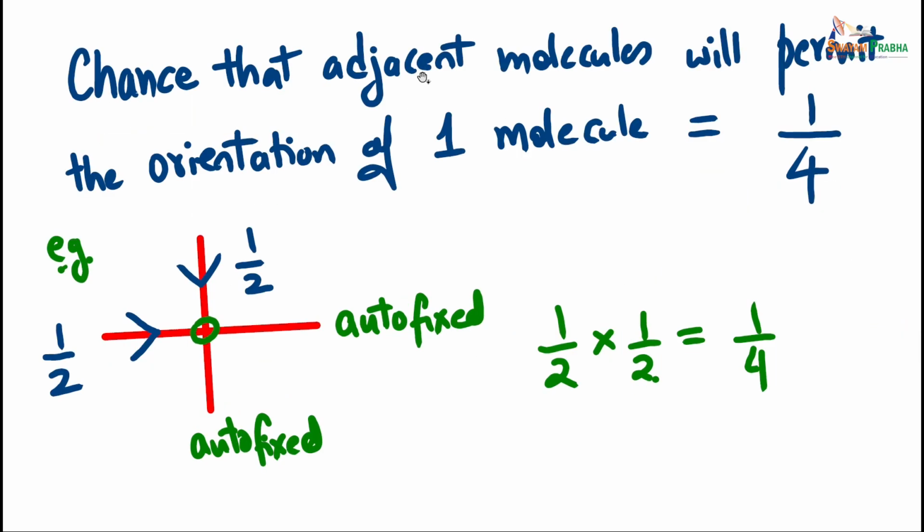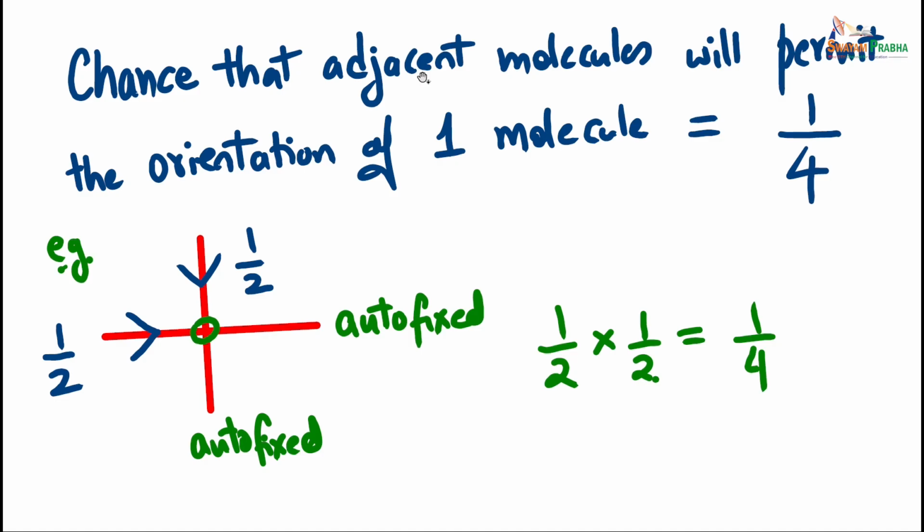But if they are not independent, then the neighbors decide something. This is not exact. Whatever I am saying is approximate, and it's the following: the chance that the adjacent molecule will permit a certain orientation. If I look at any one orientation, will the adjacent molecule permit it?